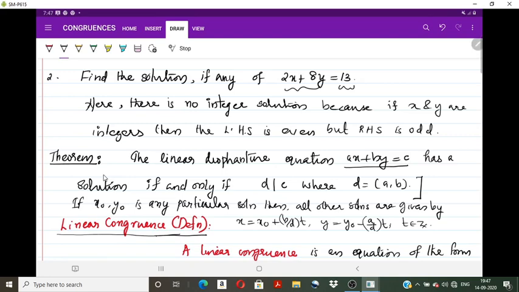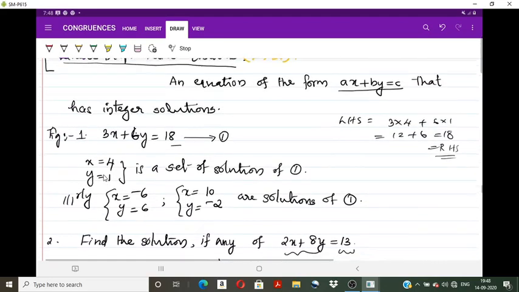If x naught, y naught is any particular solution, then all other solutions are given by x equal to x naught plus b by d into t, and y equal to y naught minus a by d into t, where t is any arbitrary integer. So this is about the linear Diophantine equation and its solutions.